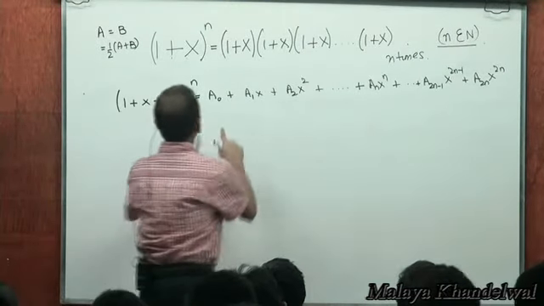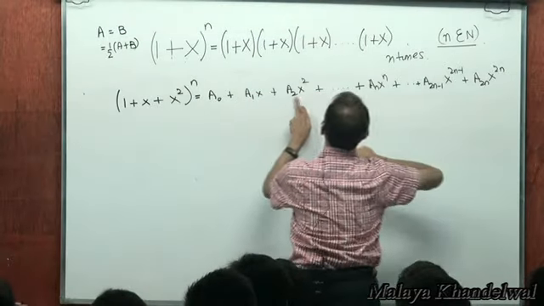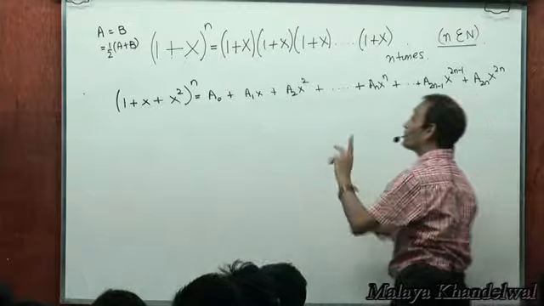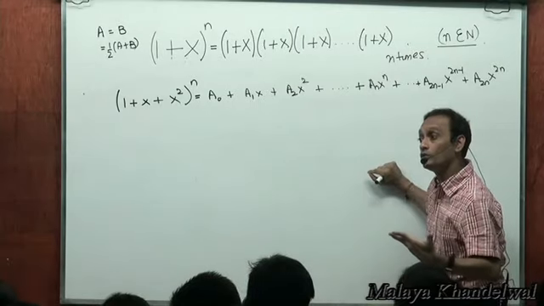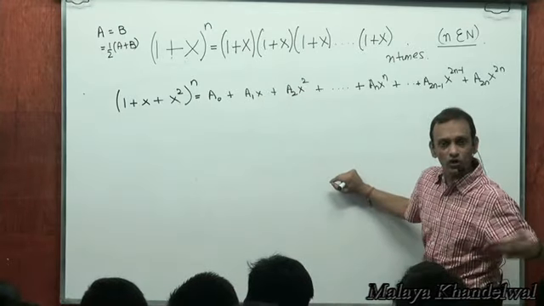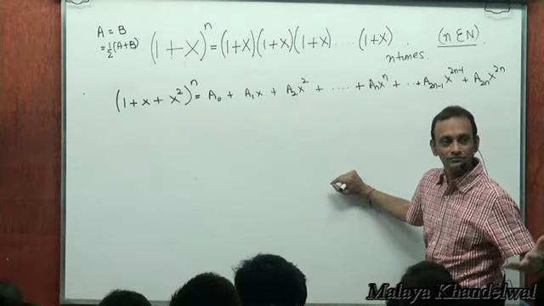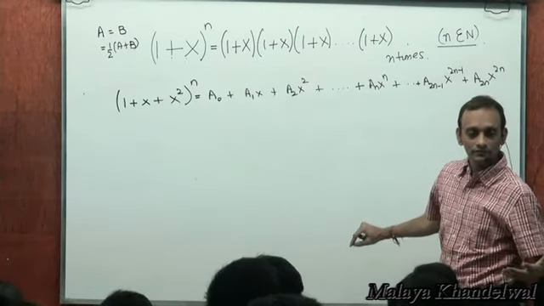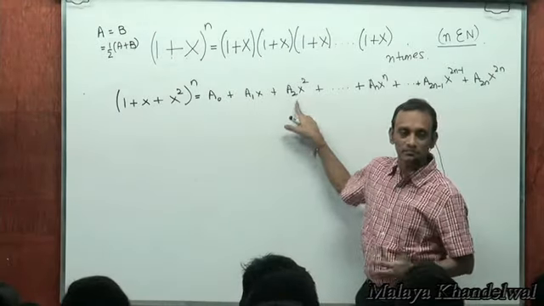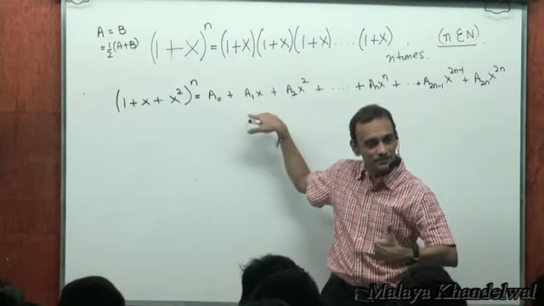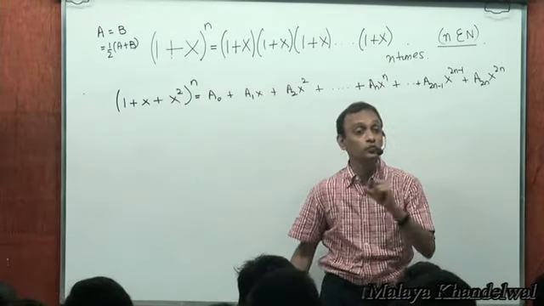One thing, even if you didn't know the actual values of a naught, a1, a2, a3, a n, etc., you can find the sum of a naught, a1, a2, a3, a n, a 2n. How? By plugging in x equal to 1 on both sides. You know what I'm saying? These are unknown numbers, but this is an identity, and you can still find the value of a naught plus a1 plus a2 plus a 2n.